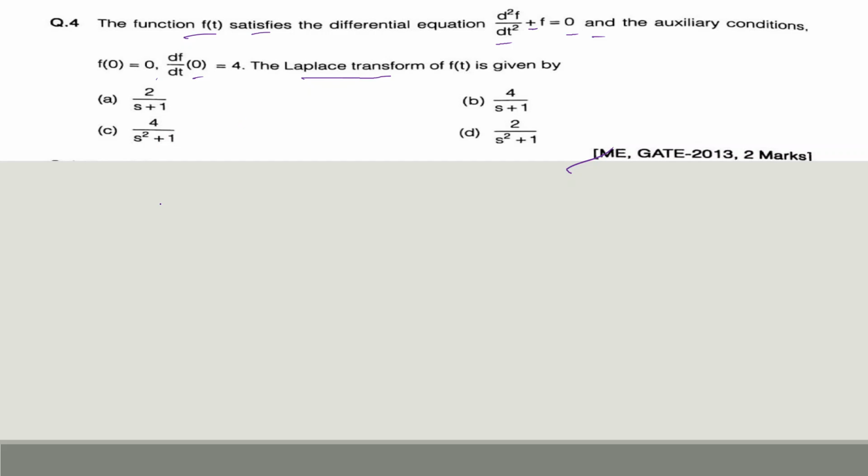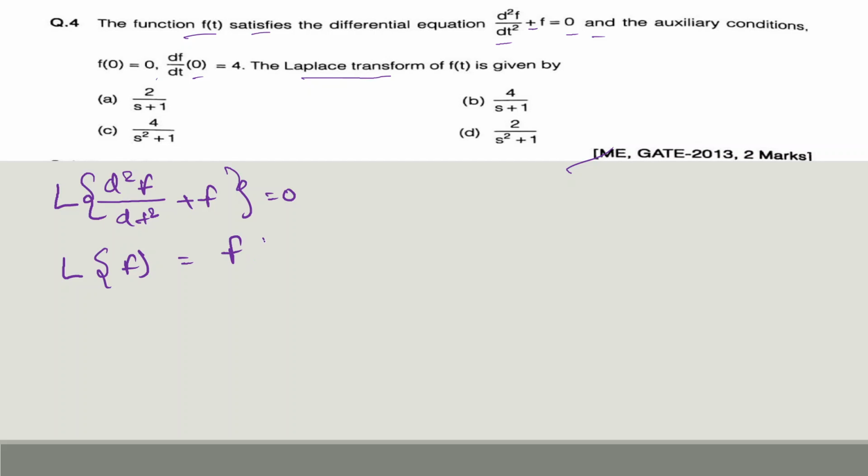First I will write the Laplace of d square f upon dt square plus f is equal to 0, and the Laplace of f is F(s).